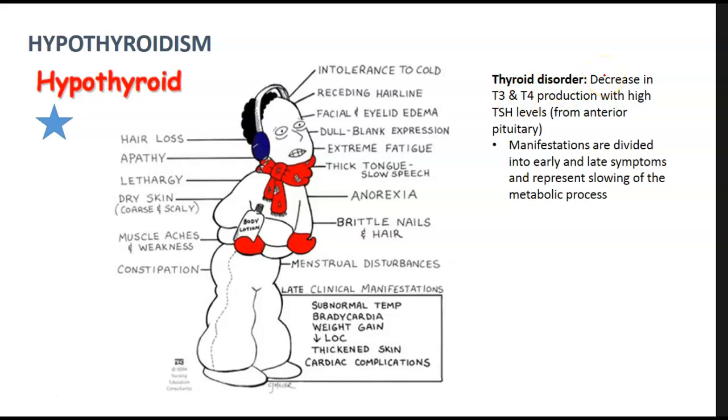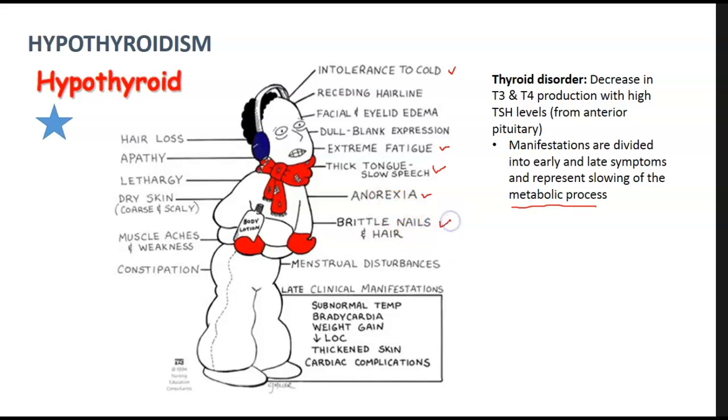Manifestations are divided into early and late symptoms and really can represent slowing of the metabolic process. So look at your different symptoms here: intolerance to cold, fatigue, thick tongue, slow speech, anorexia, and even though there's anorexia, there's weight gain, which is terrible.